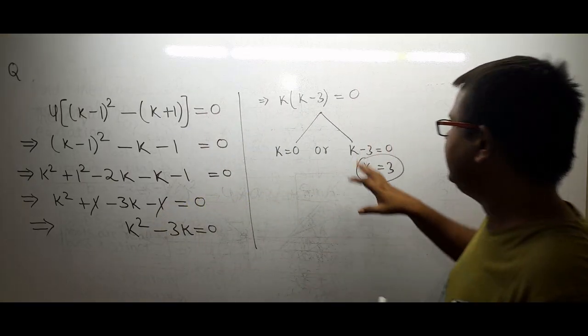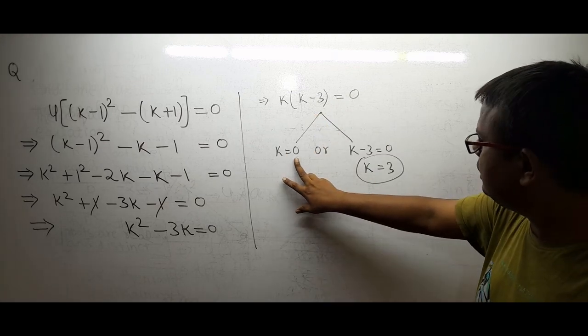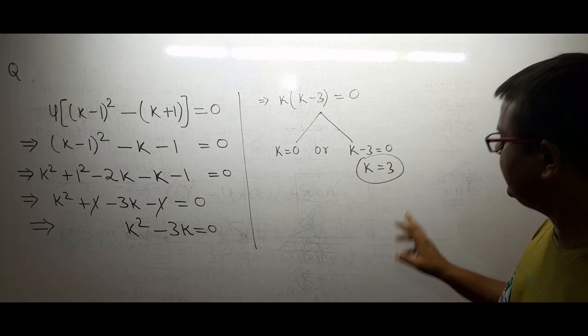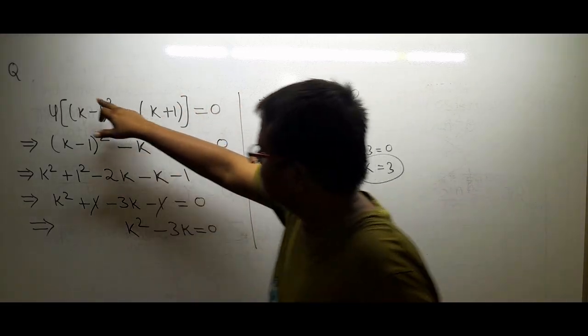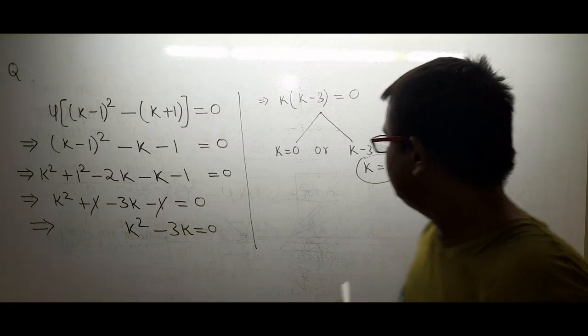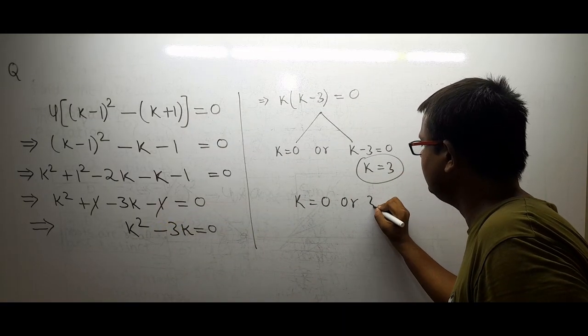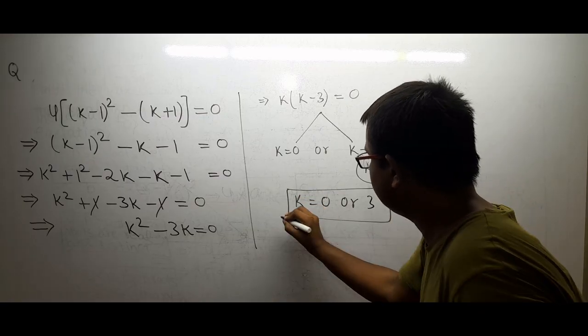So the value of k is 0 or 3. Okay, this is your answer.